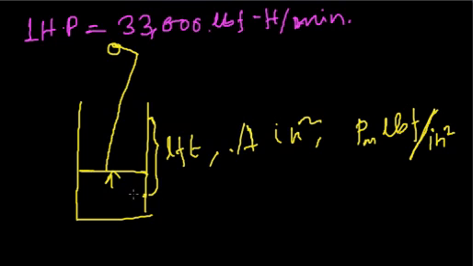If in a power stroke this piston moves from this position, minimum position, to the maximum position, how much work is done? So we have to find force, and then we have to multiply it by distance, isn't it? So what is force? Here pressure is given, pm, pound force per inch square.